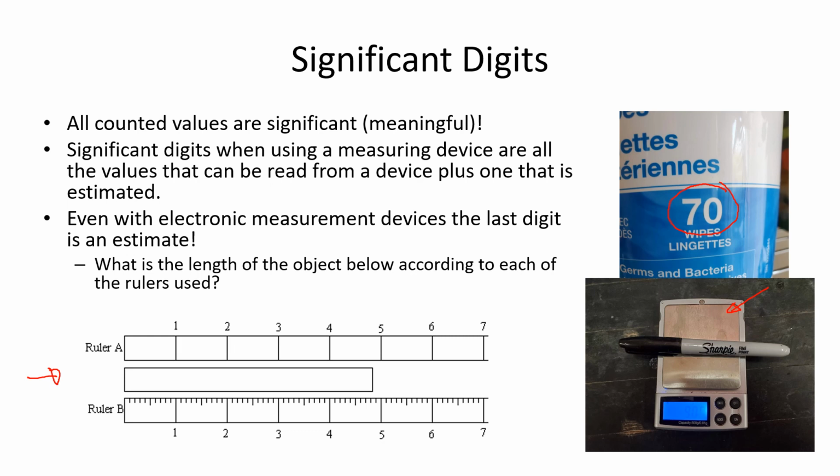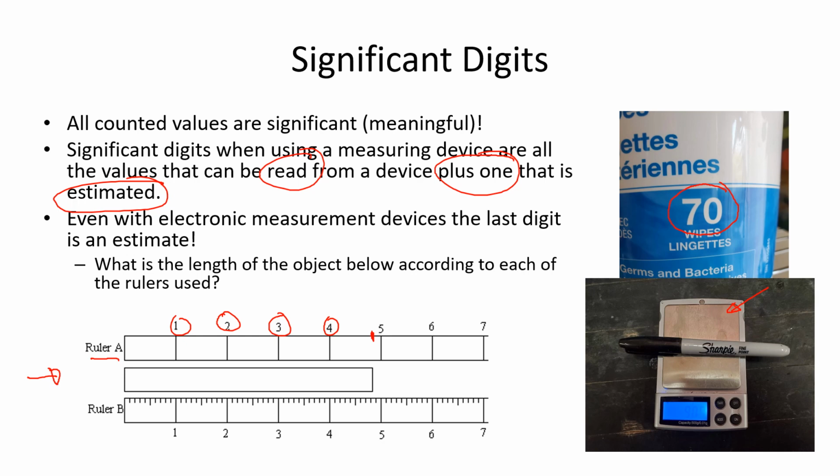So whenever you are using a measuring device, what you do is you read all of the digits that you can from the device, and then you add one more that's an estimate. So with ruler A here, we can read 1, 2, 3, 4, and it's not quite 5, but we can estimate it's somewhere between 4 and 5.